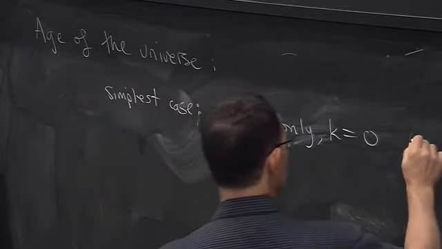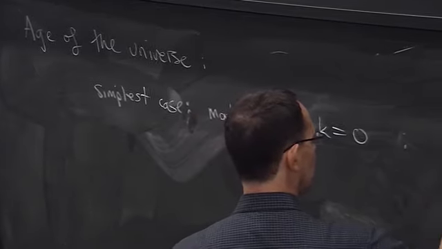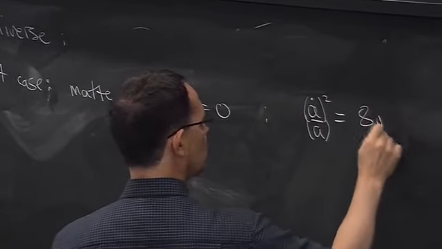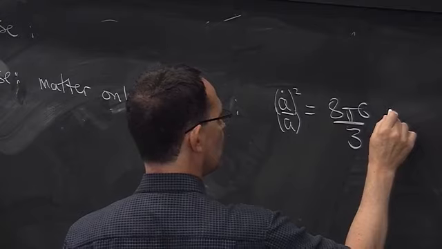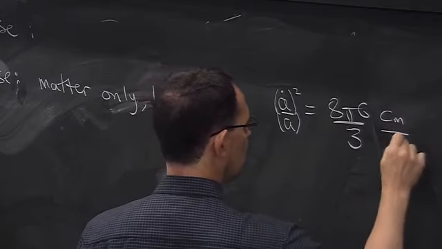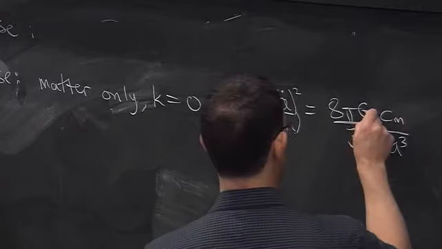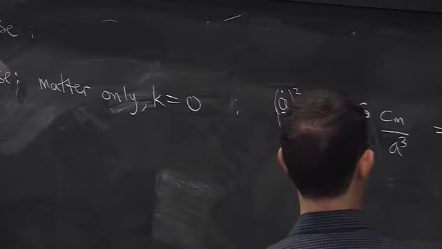Here we have a dot over a squared equals 8 pi G over 3 rho_m, which goes like 1 over a cubed, right? A matter-dominated universe. And so here I can just integrate the equations of motion.